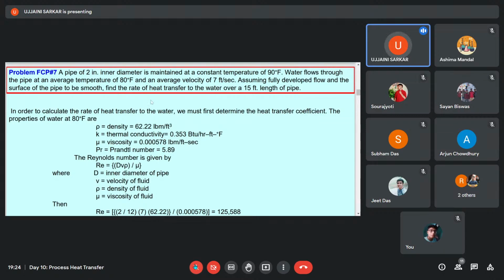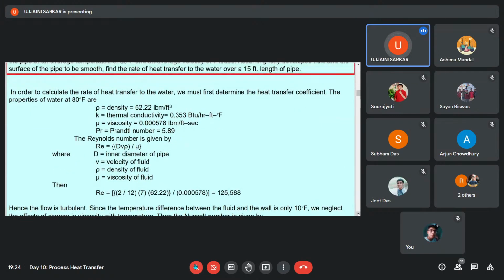In order to calculate the rate of heat transfer to water, we must first determine the heat transfer coefficient, just like we did in the previous problem. The properties of water at 80 degree Fahrenheit are given here. Density, k, thermal conductivity, viscosity, and directly Prandtl number is given.